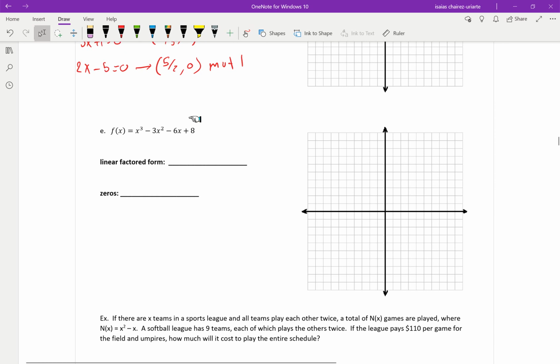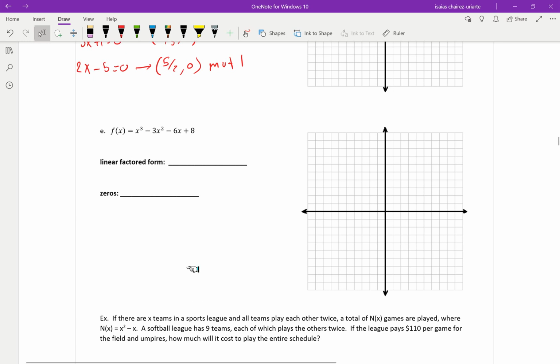The guesses are fractions. The numerators of these fractions are numbers that divide 8, and the denominators are numbers that divide 1. So you create these fractions by thinking of the factors of the constant term in the numerator and the factors of the leading coefficient in the denominator. It's called the rational zeros test. I'm not going to use it just because it's cumbersome.